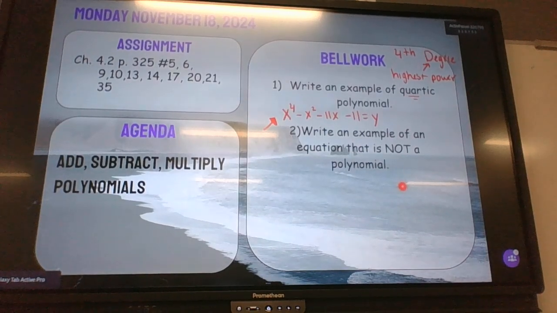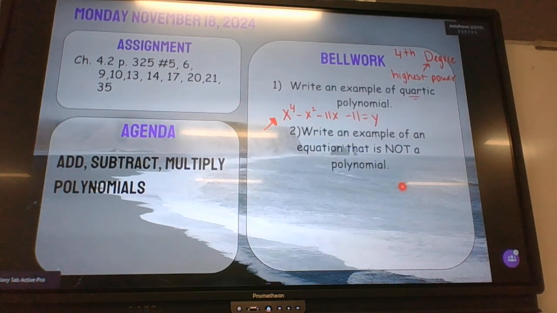And then you're going to write an example of something that is not a polynomial. There you go.